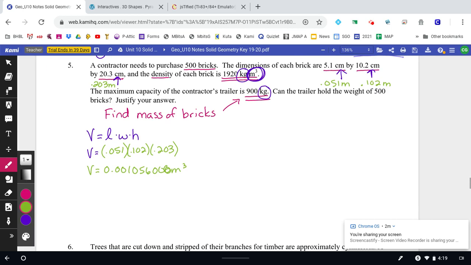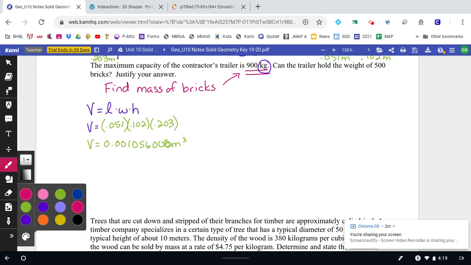All right, so now let's talk about the density. My density, remember, is my mass over my volume. We know the density of the bricks, 1,920, and we're looking for the mass of the bricks. We have 500 of them times this volume, 0.001056006.